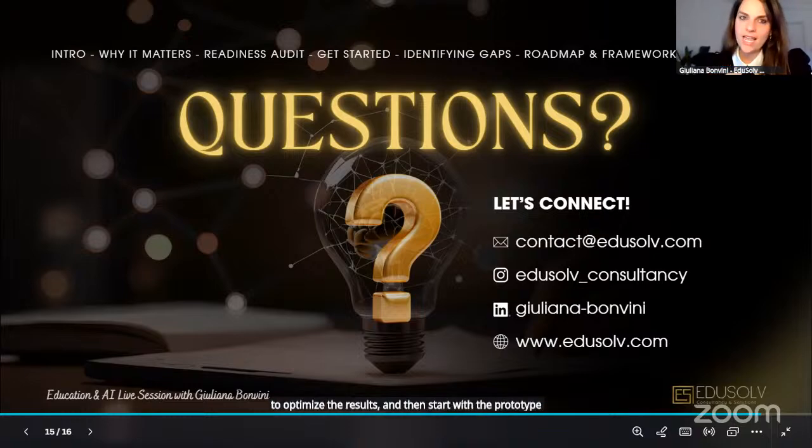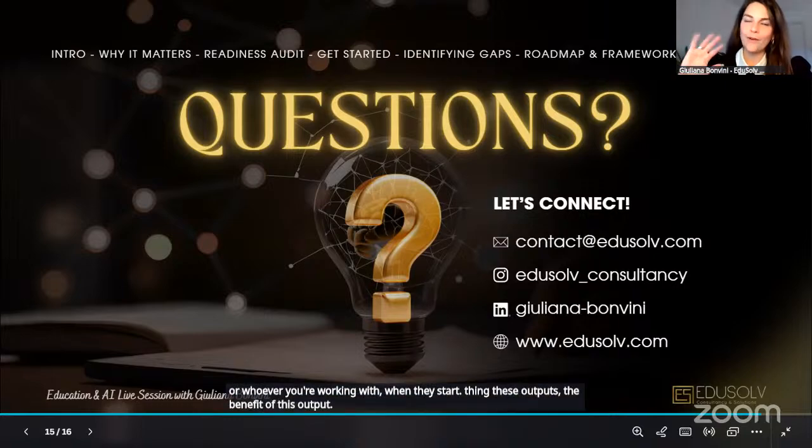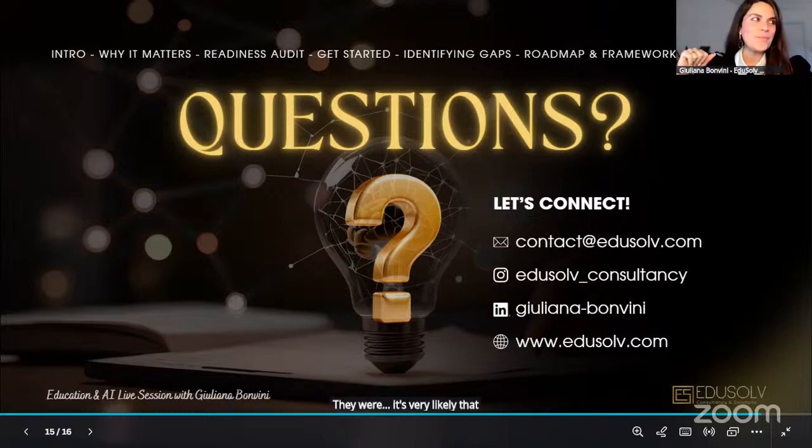When your team or whoever you're working with starts seeing these outputs and the benefit of this output, it's very likely that they will start feeling a little bit more relaxed and put the guard down. It's a process. No one is going to become supportive of an idea that they are not supporting overnight.